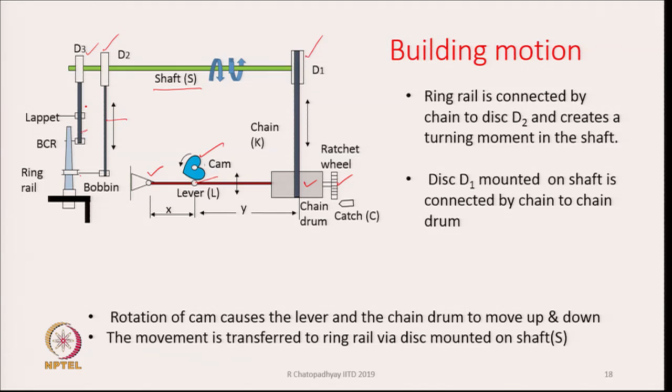This is the simple sketch which is describing the way the motion of the cam is transmitted to the ring rail, to the balloon control ring and to the lappet.